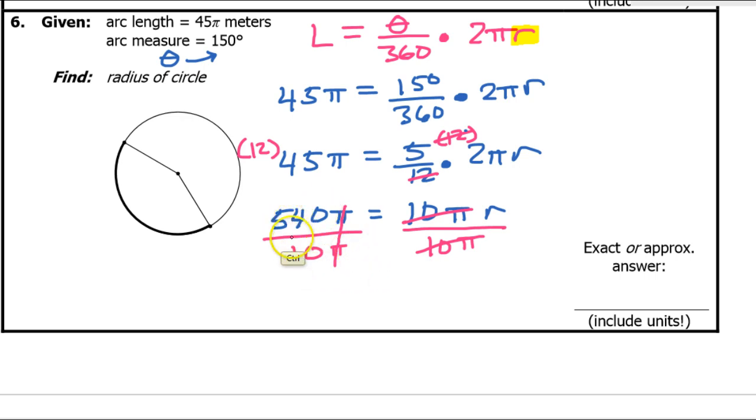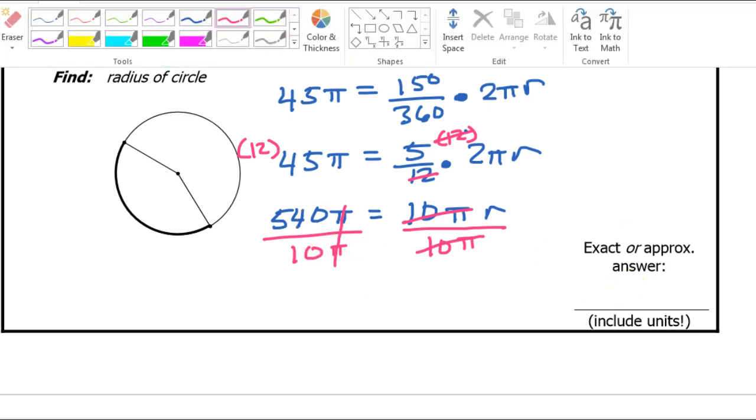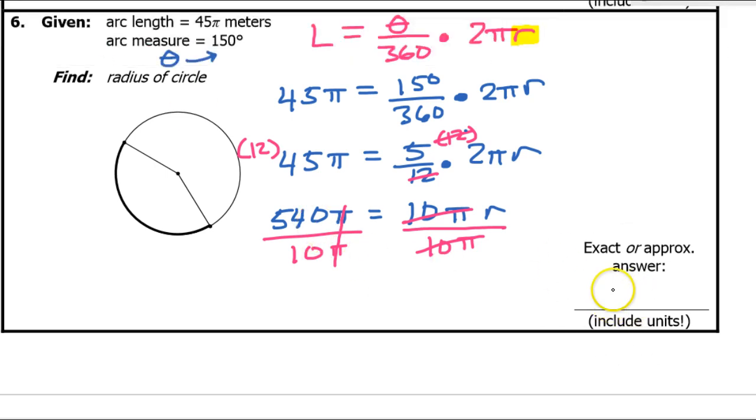And I know that when I divide by 10, the 0 goes away. So the final answer is going to be 54. All right, but don't forget the units. The radius is a length, and another length was given to me in meters. So I'm going to go ahead and put meters, 54 meters. And that's it.